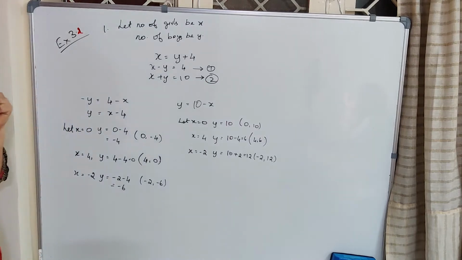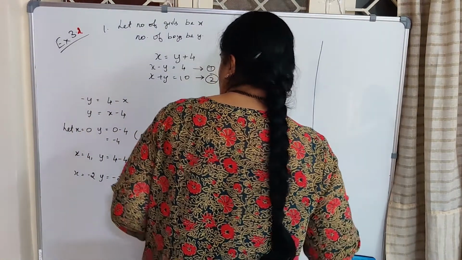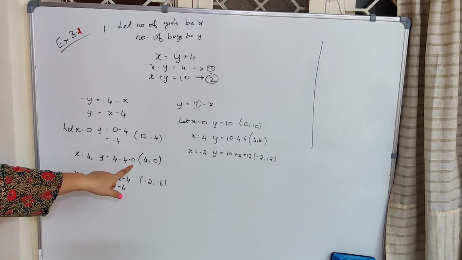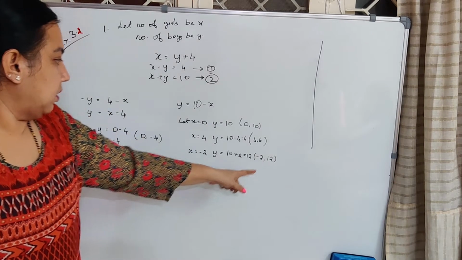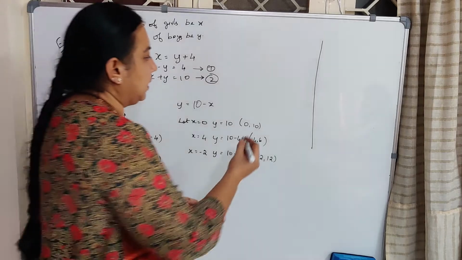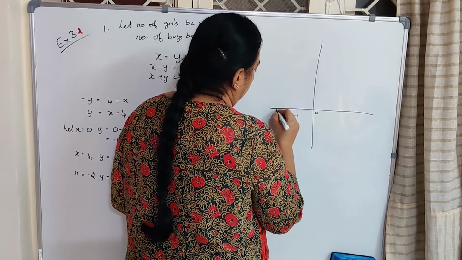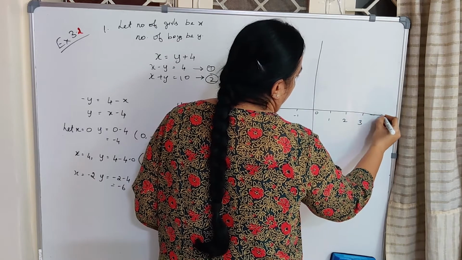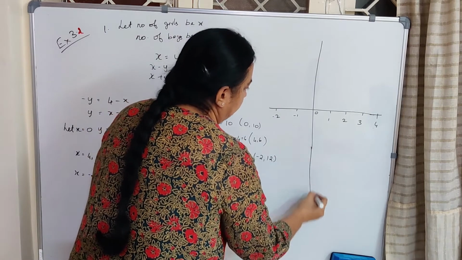So I have got 2 sets of points and I am going to mark them on a graph. And see here, I have minus variables in y also. So it reaches up to minus 6, and here it ranges up to 12. So on the x-axis I have minus 2 here, so I need 0, minus 1 and minus 2 here, and 1, 2, 3 and 4 here. And on the y-axis, still minus 6 I need here.